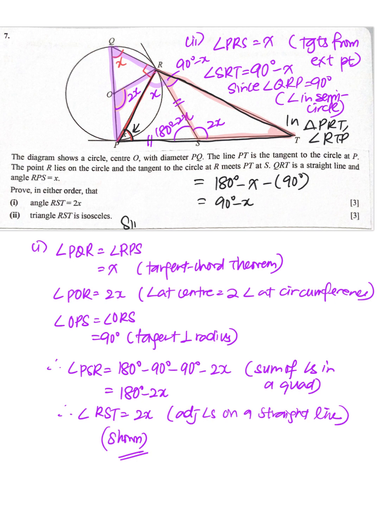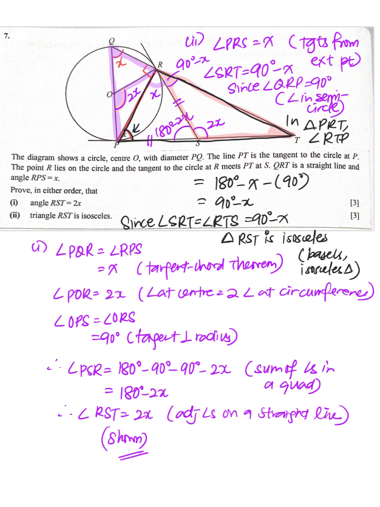Since angle SRT is equal to angle RTS is equal to 90 degrees minus x, triangle RST is isosceles, base angles, isosceles triangle. So shown. It's not difficult at all.